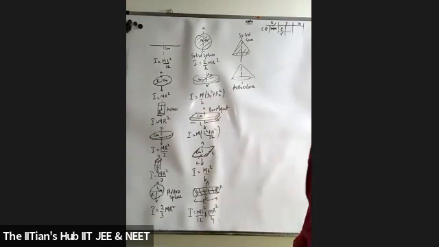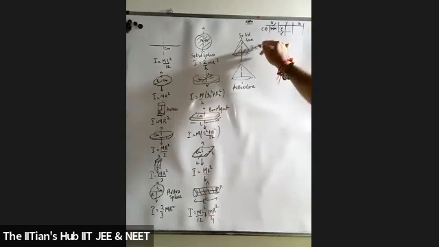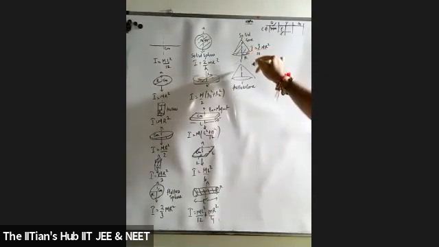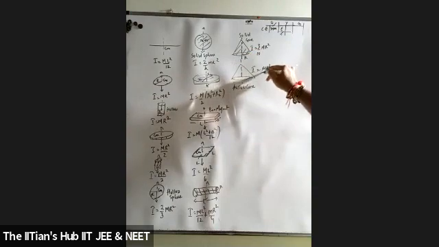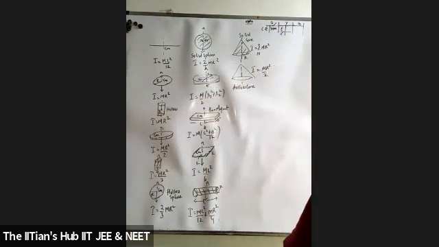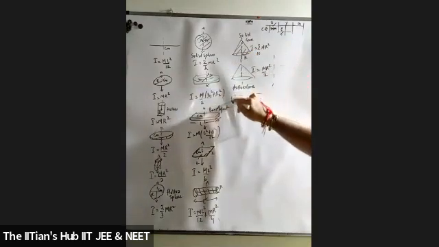For the solid cone, the answer will be 3/10 mr², where r is the radius. And for the hollow cone it will be mr²/2. Is this clear, students? These are the moments of inertia for some geometrical shaped objects.